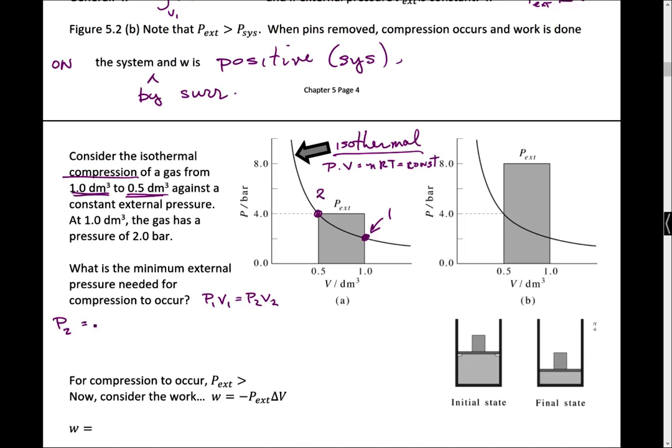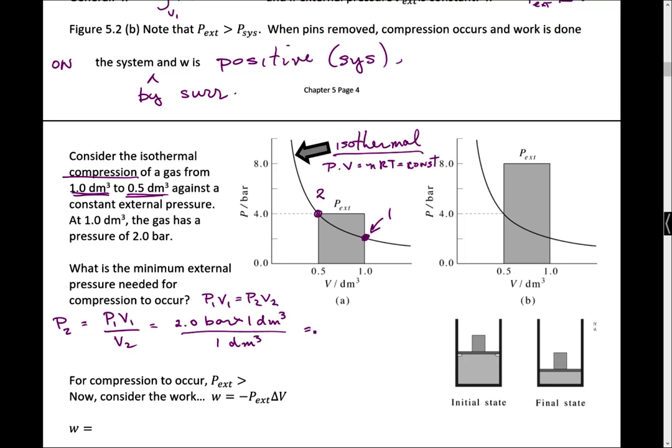And because what we're interested in knowing is the external pressure, P2, that's going to be given by P1 V1 over V2. Right? From there, I just plug in the numbers that are provided in the problem. So for P1, where are we? At 1 decimeter cubed. That's going to be at 2 bar. So I have 2 bar times 1 decimeter cubed. And I divide that by my final volume, which is 0.5 decimeter cubed.